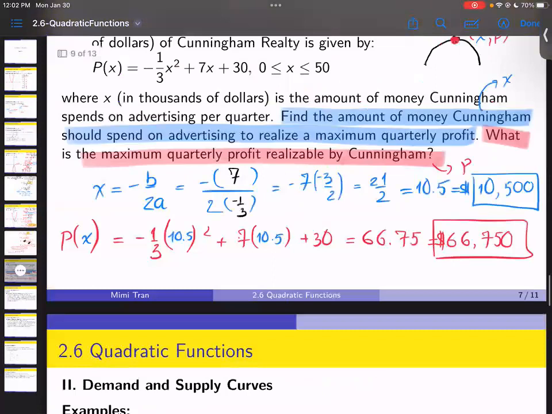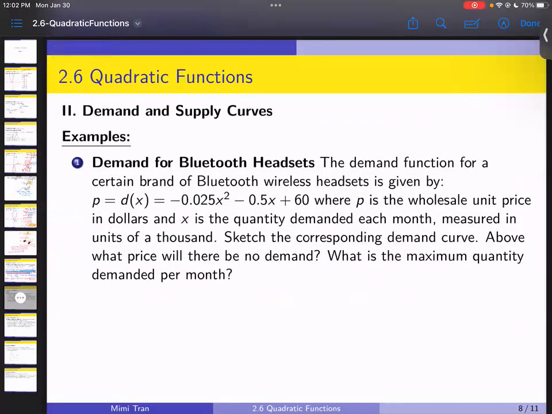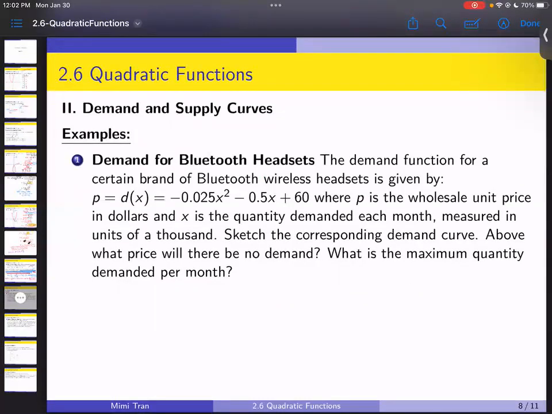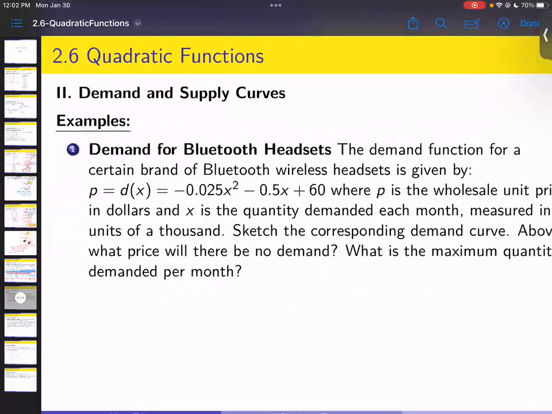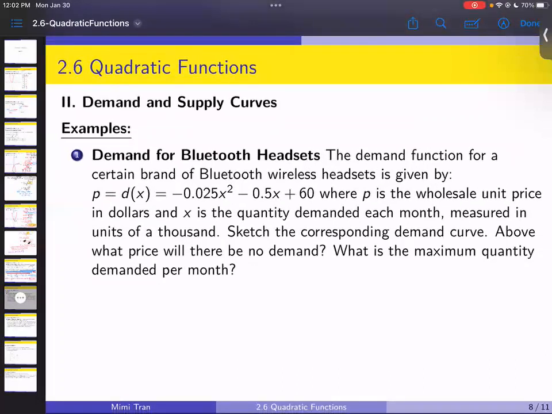So let's continue with our application. Demand for Bluetooth headsets. The demand function for a certain brand of Bluetooth wireless headsets is given by this, where P is the wholesale unit price in dollars and X is the quantity demanded each month.